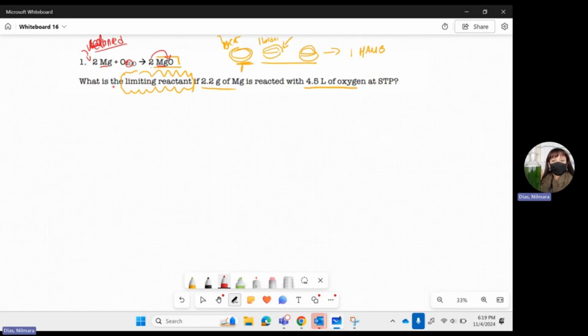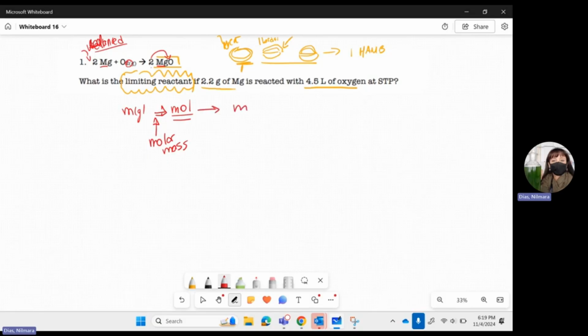So now let's work with what I have. They say that we have 2.2 grams. Remember, if you have mass, we need to convert to moles. And to convert to moles, what do you use? I have mass in grams, so we're going to use molar mass. With the molar mass, I'm going to find moles.